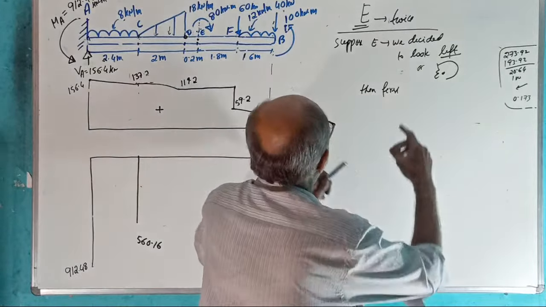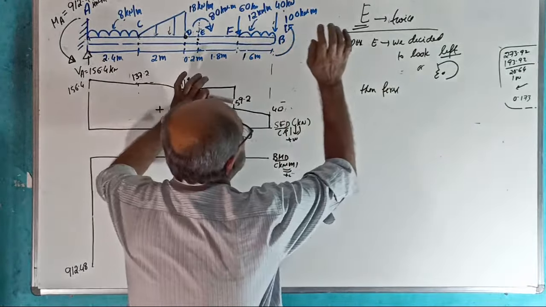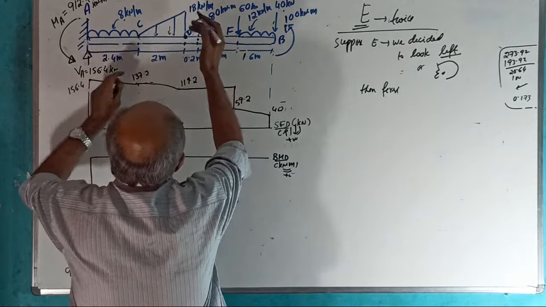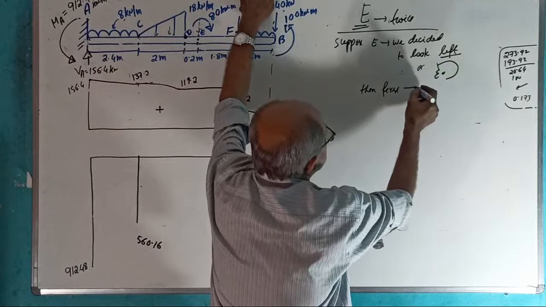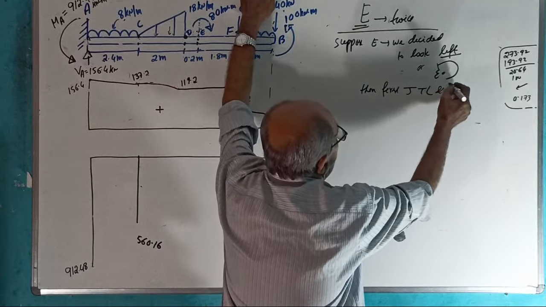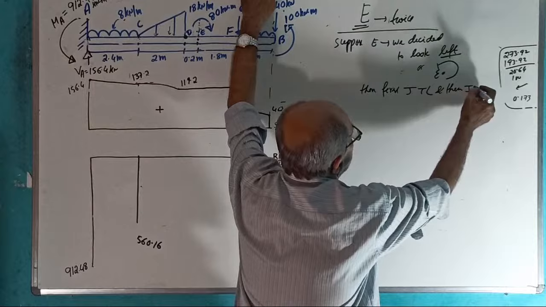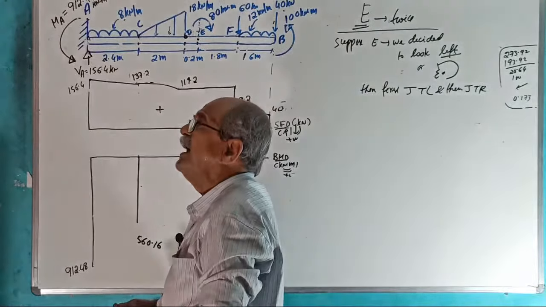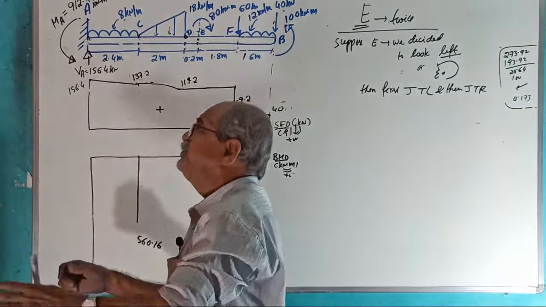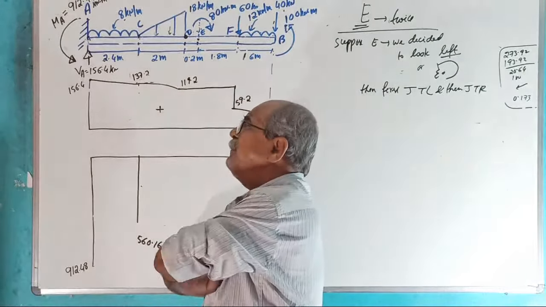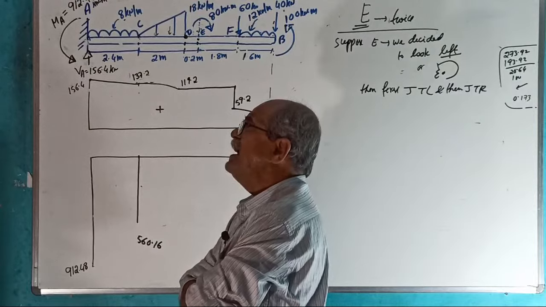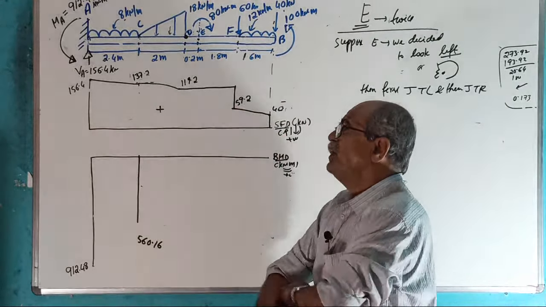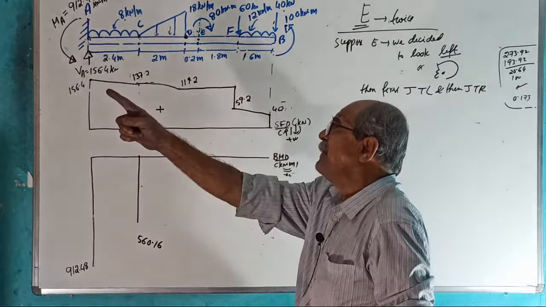Okay, now. I told you, suppose you look left side. Then, if you look this way, first JTL and then JTR. Correct? I told earlier. If you are looking this way, then first you come from here, stop before the point, find bending moment, come one step backwards, both the time look left side only.